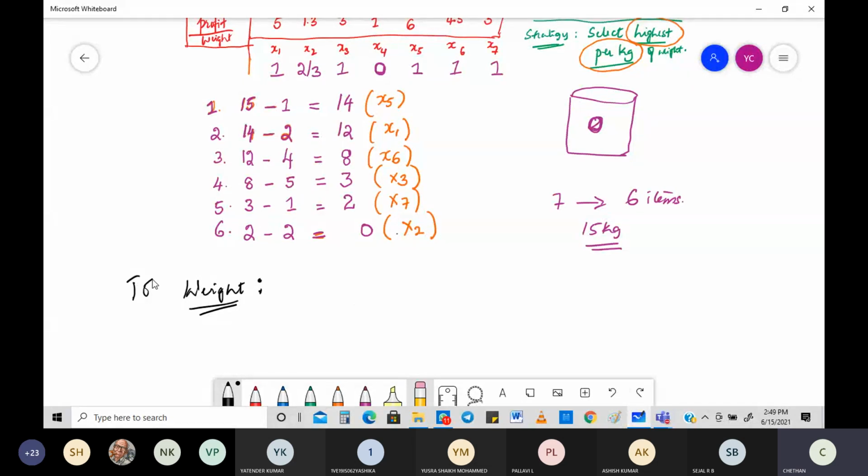The formula for the total weight is the summation of Xi into Wi, for the items you selected.